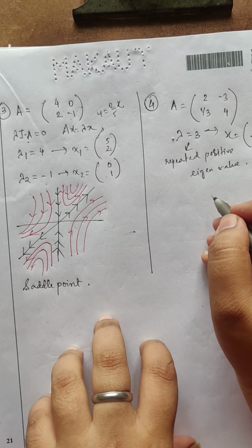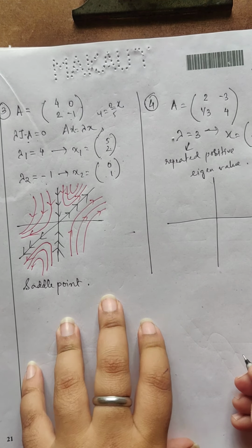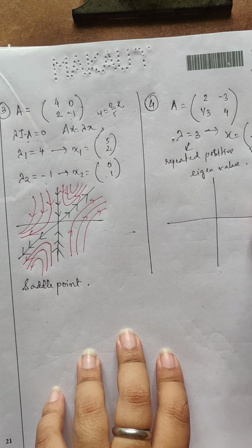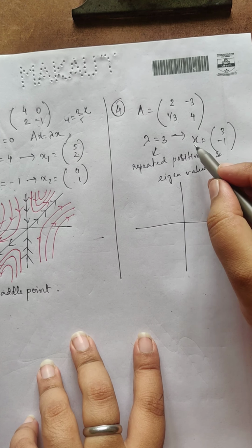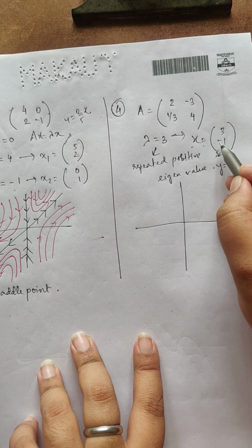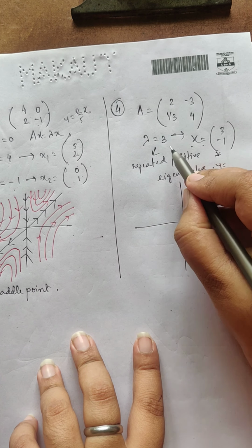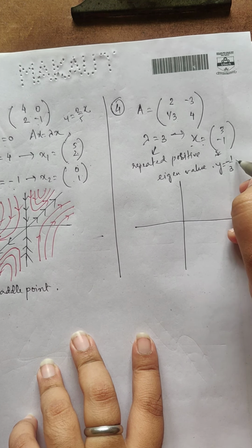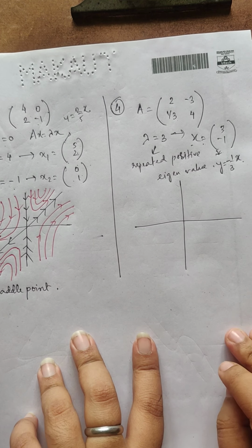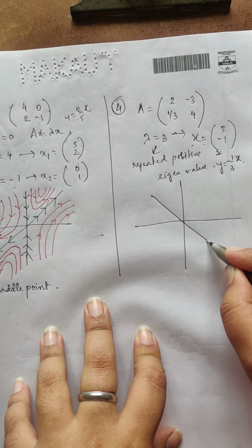That means if I draw a phase plane, my equation will look like this. If I use x equal to 3 by 3 and minus 1, these are my state vectors obtained by using this eigenvalue. So the equation will look like y equal to minus 1 by 3 of x. This will be in a different coordinate.